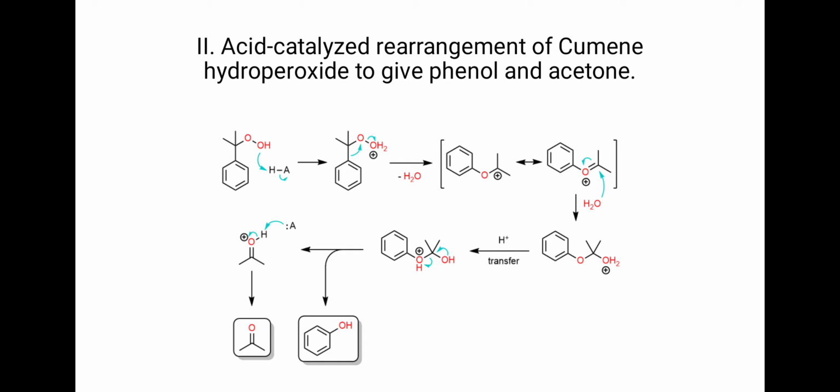After this elimination there's a kind of rearrangement. Rearrangement means when the O-O bond breaks, there will be the transfer of this benzene ring towards the oxygen, and from where the benzene ring gets transferred we'll get a positive charge because of electron deficiency there.